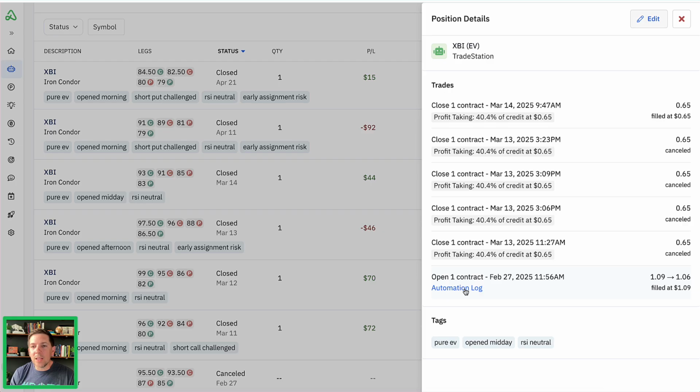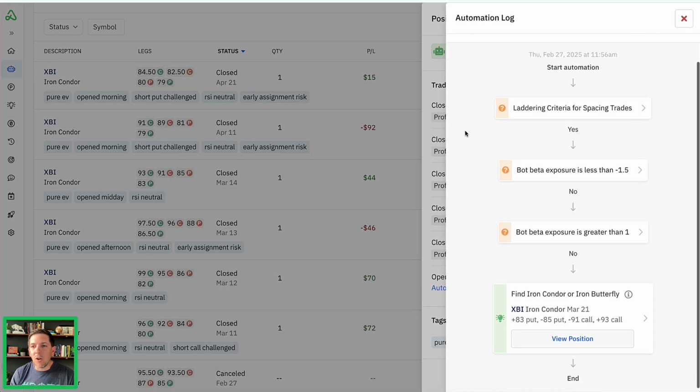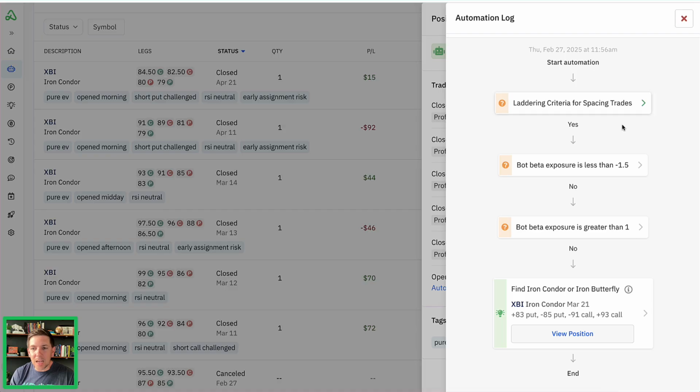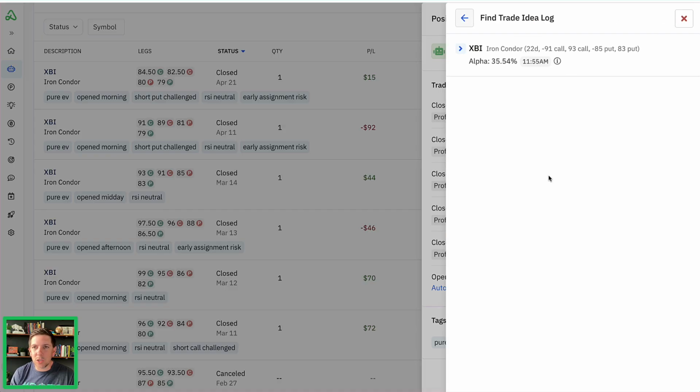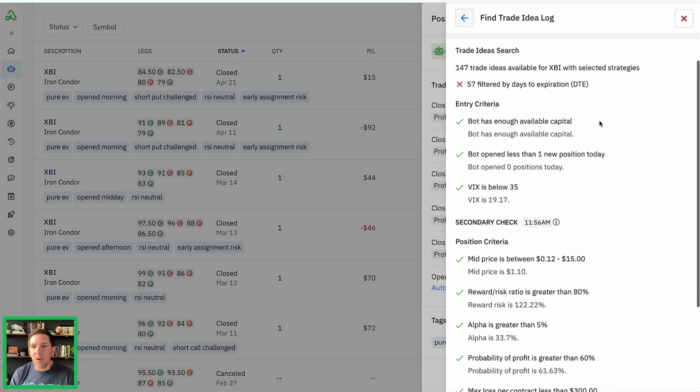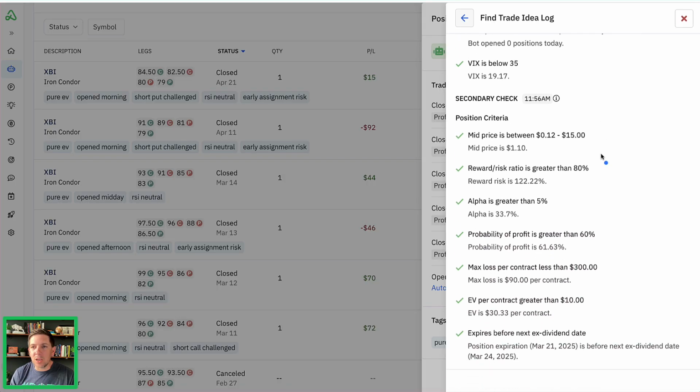You can actually go into the automation log and see all of the criteria at that exact moment in time when the position was opened. So in this case, I can see all of the information for this position. At that time, the risk reward was 122%. The alpha was 33, my probability of profit was 61, my max loss potential was $90, the expected value per contract was 30, and there were no dividends we had to worry about.